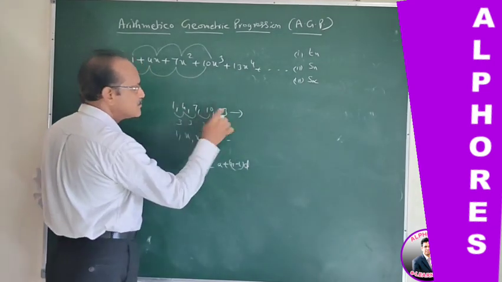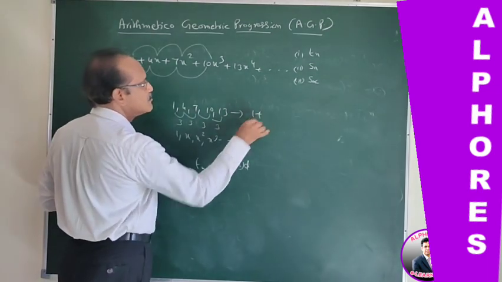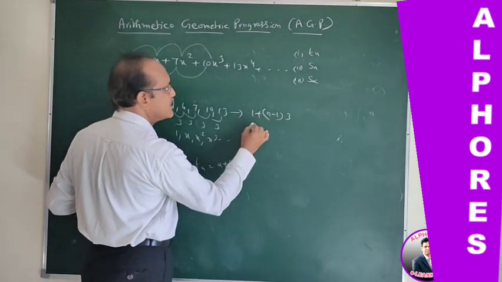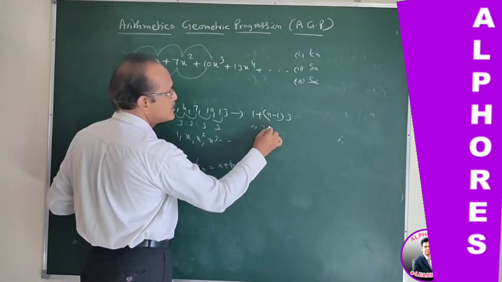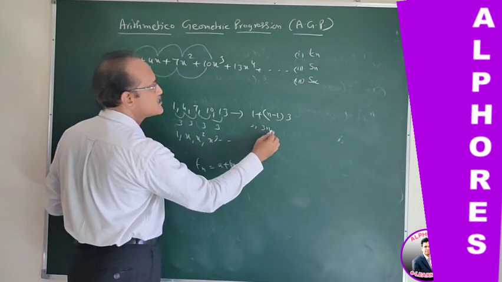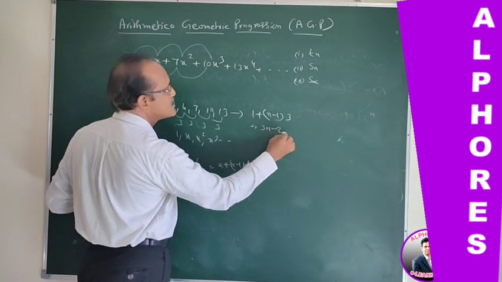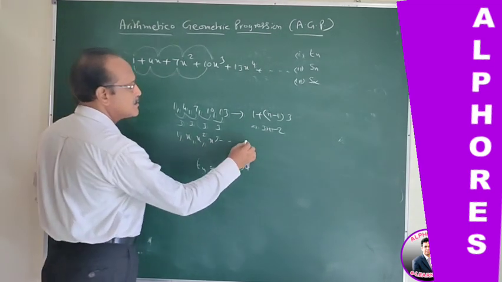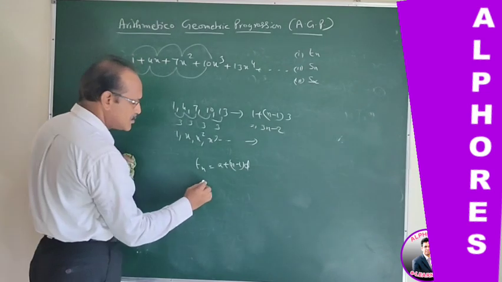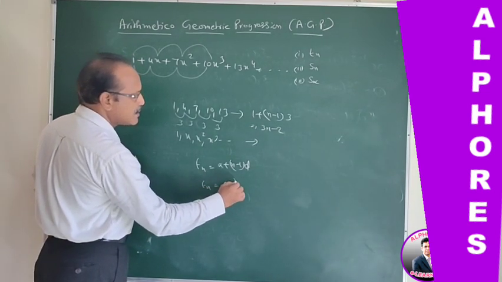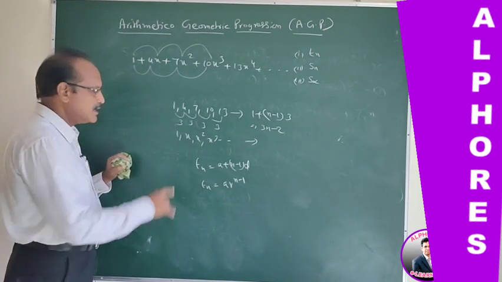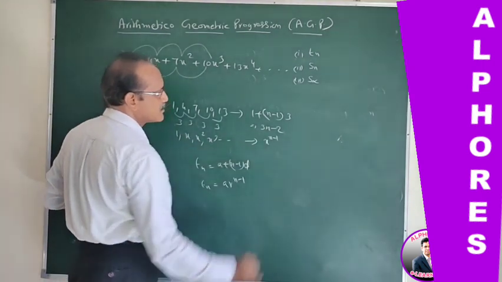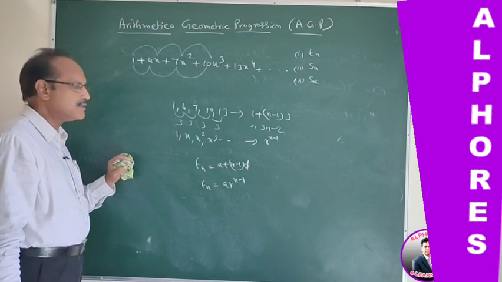Here the nth term is 1 plus n minus 1 into 3, that is 3n minus 2. The nth term of a GP is a r power n minus 1; here a is 1 and r is x, so this is x power n minus 1.